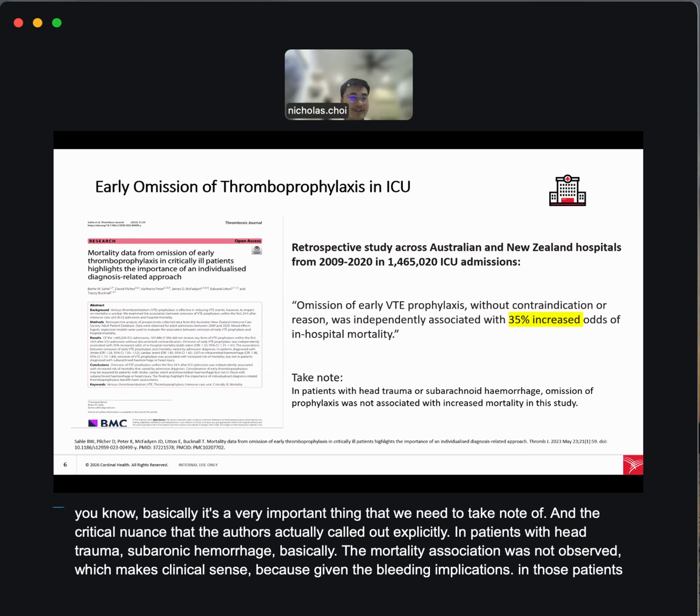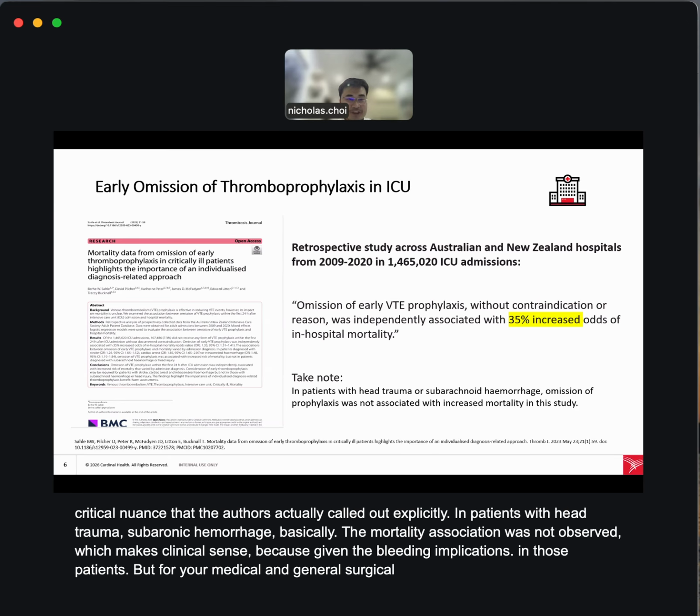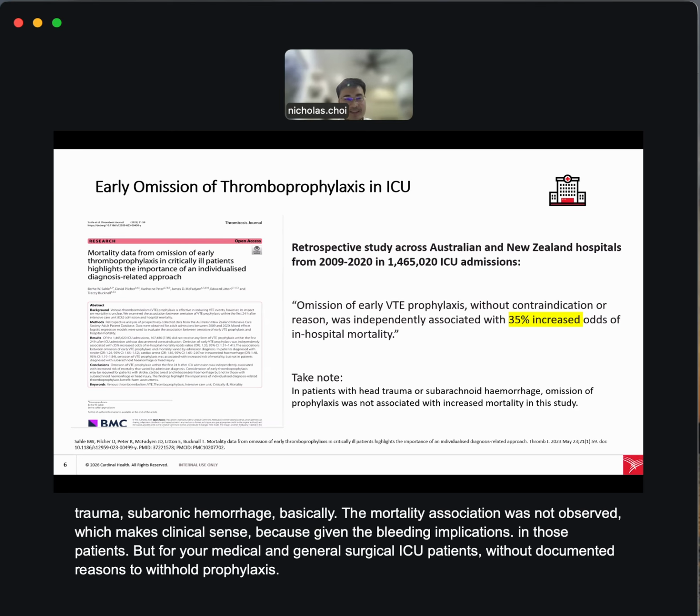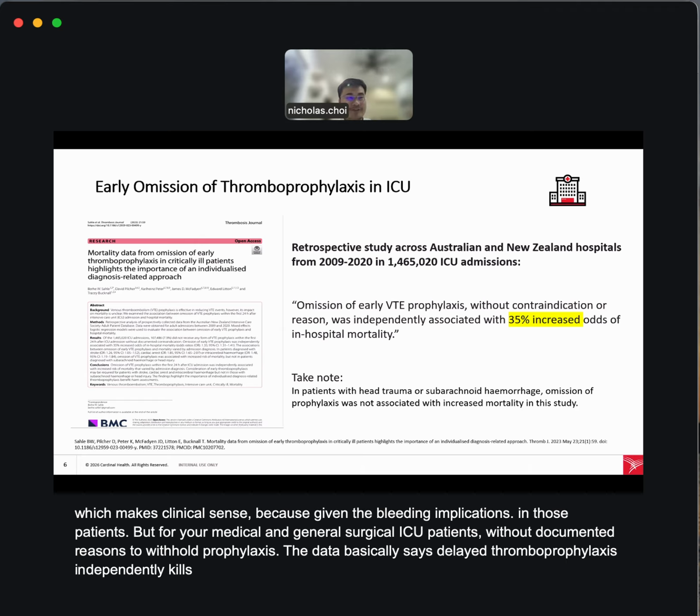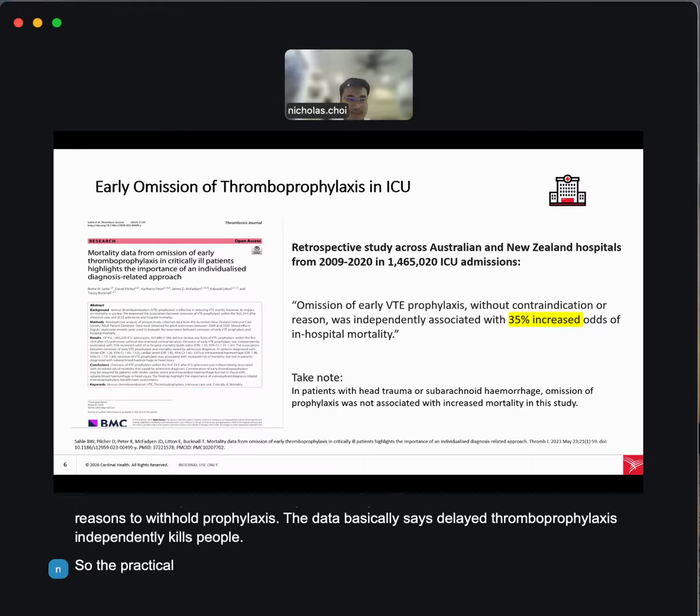But for your medical and general surgical ICU patients without documented reasons to withhold prophylaxis, the data says delayed thromboprophylaxis independently kills people. So the practical implication is pretty simple: the prophylaxis conversation needs to happen as early as possible.